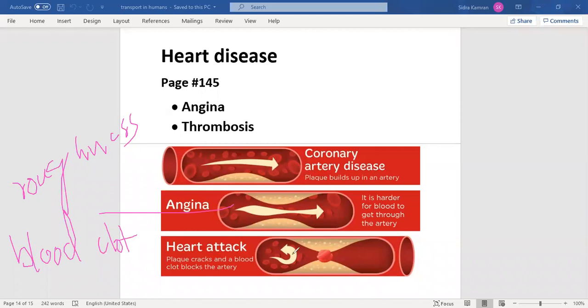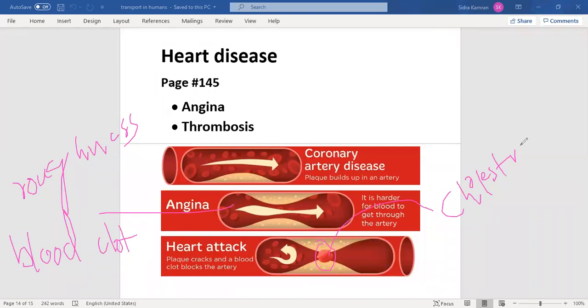These blood clots block the artery, and when the artery is blocked, specifically the coronary artery, then the person faces a heart attack. Due to cholesterol, the artery is blocked by the clot formation, and that blood clot is formed due to the roughness in the artery.